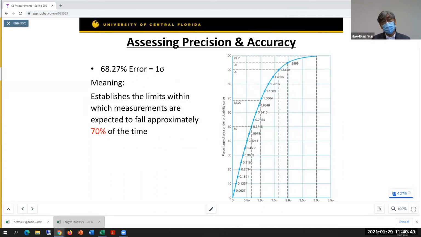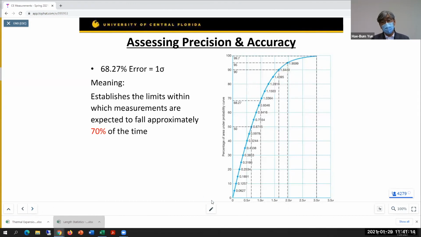So when you have a land surveying project and your requirement is one standard deviation, it means that if you take 100 measurements, 70% should fit into that range. That is the accuracy, or precision, requirement.